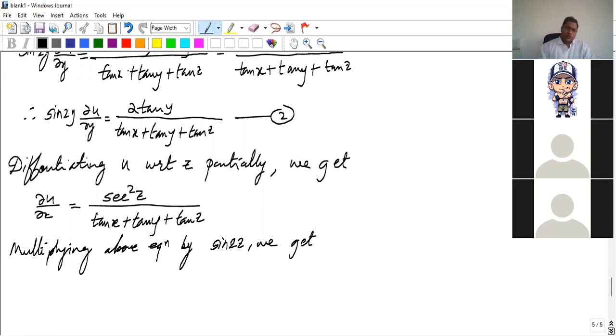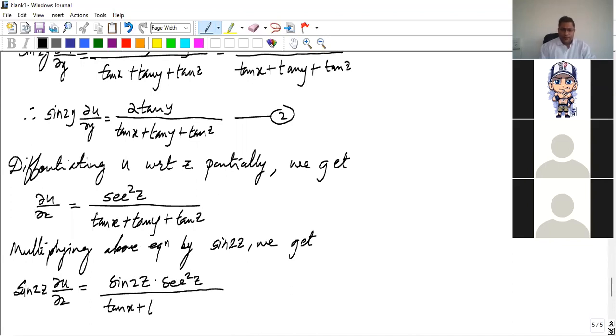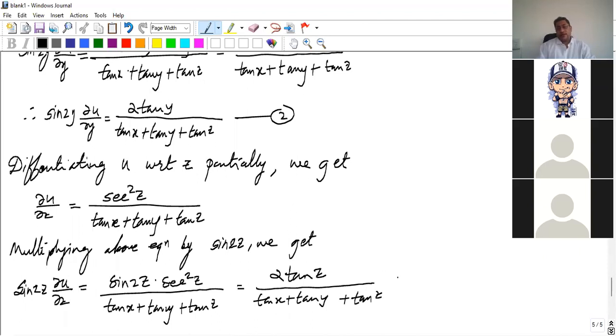We get sin 2z ∂w/∂z, which is sin 2z into sec²z upon tan x + tan y + tan z, and that is 2 tan z upon tan x + tan y + tan z.